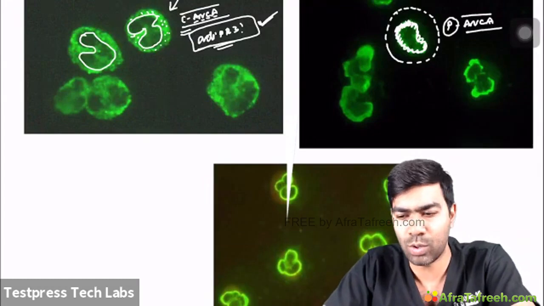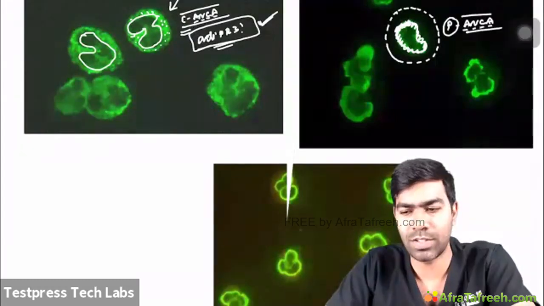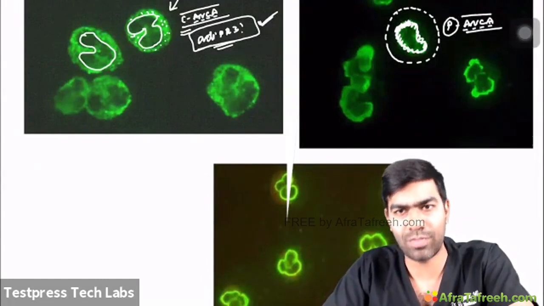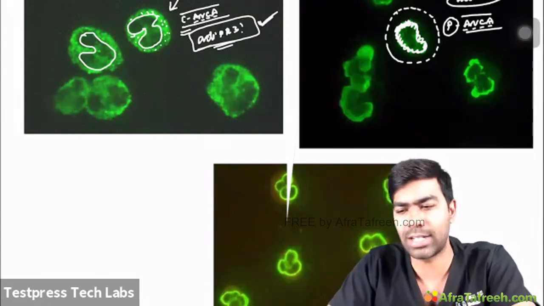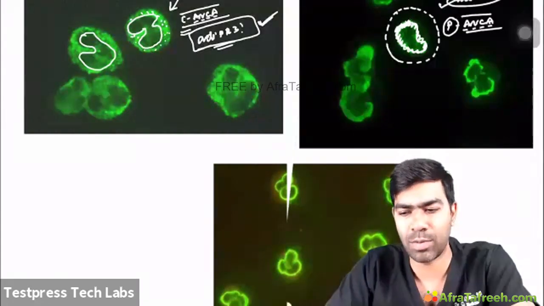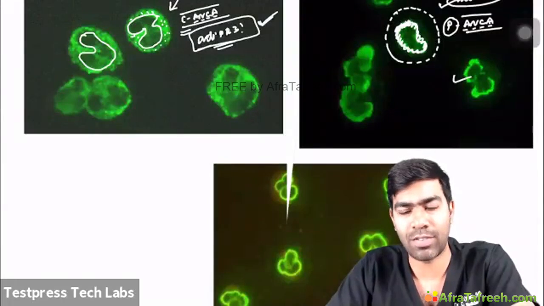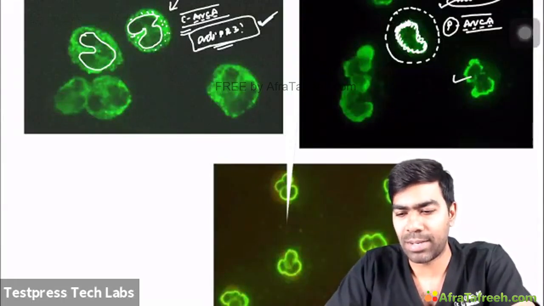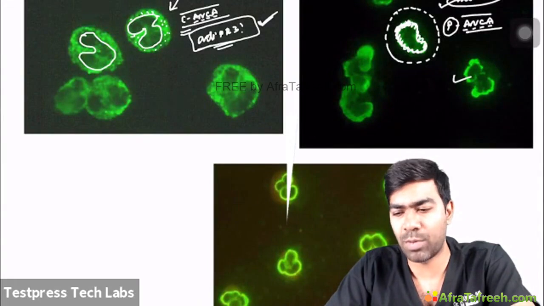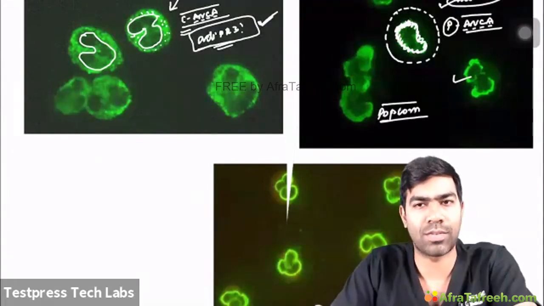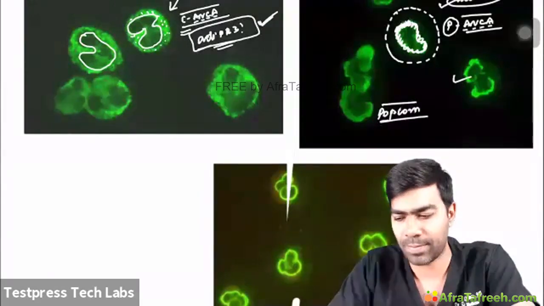You are seeing only a perinuclear staining, which means there is some antibody producing the perinuclear staining. And one of them is anti-MPO antibody. To be sure that this staining is produced by anti-MPO antibody, you have to do an ELISA to confirm it, because there are a lot of other antibodies that can produce a similar staining. So you have to separate them out. At the same time, you can see that these antibodies typically look like popcorn. That's why this perinuclear staining is also referred to as a popcorn kind of staining.